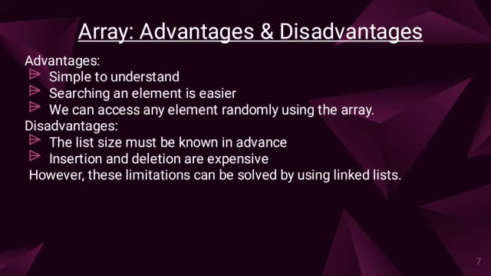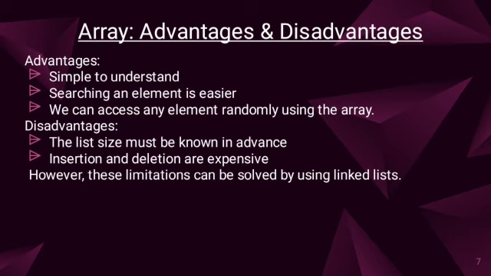So here the searching process is very simple. Next one, we can access any element randomly using an array because array elements are identified by their index value. So when we access an element from the list, we just give an index value, then we get the corresponding element easily.